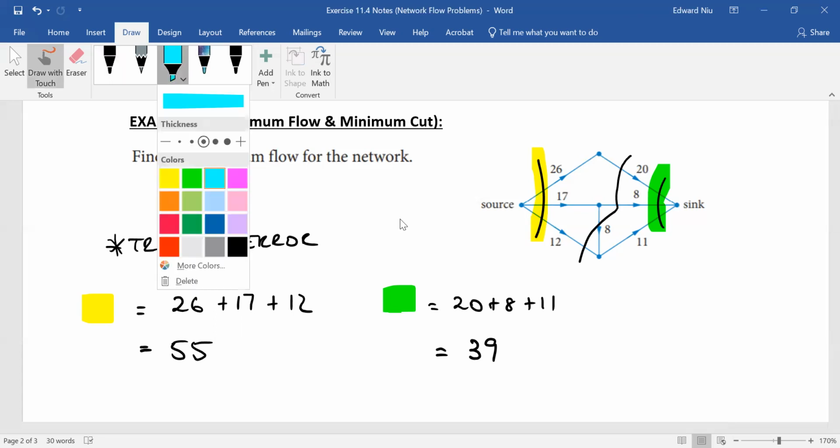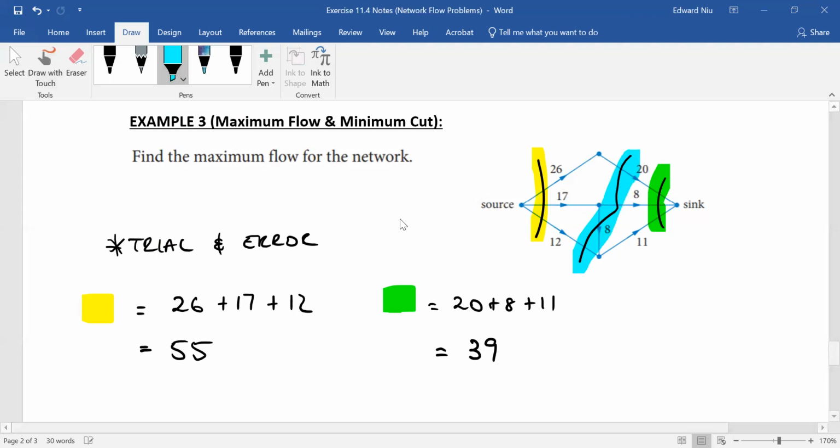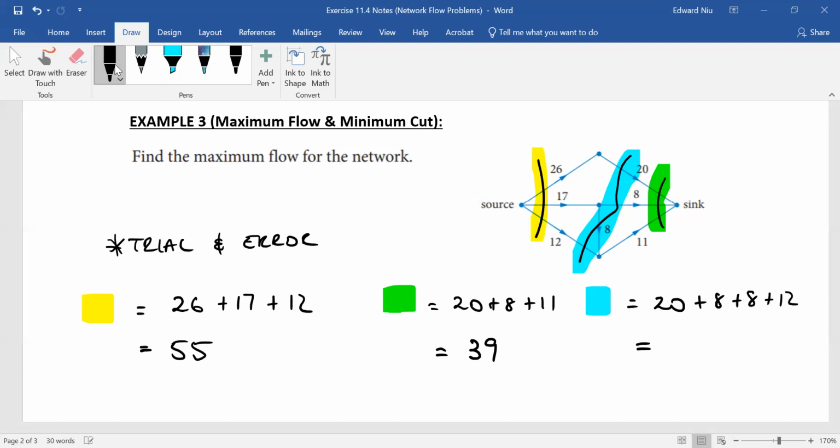Call this cyan. 20 plus 8 plus 8 plus 12. That's not going to win. Or is it? 20, 40, 48. Damn it. No. All right, let's see if we can beat 39.